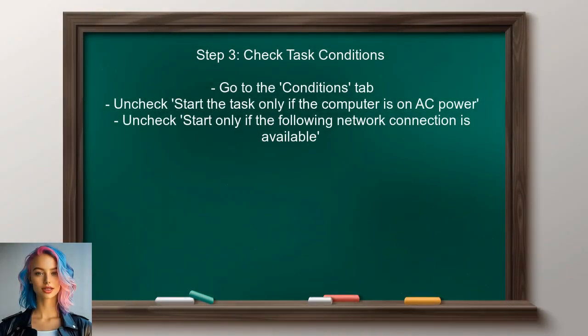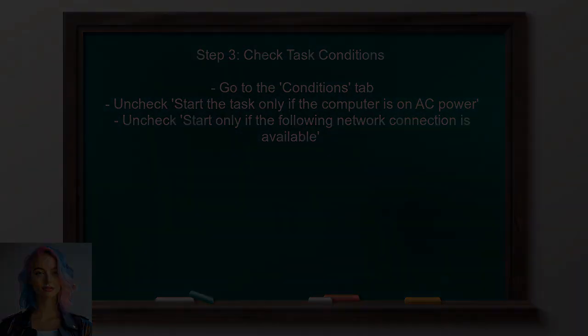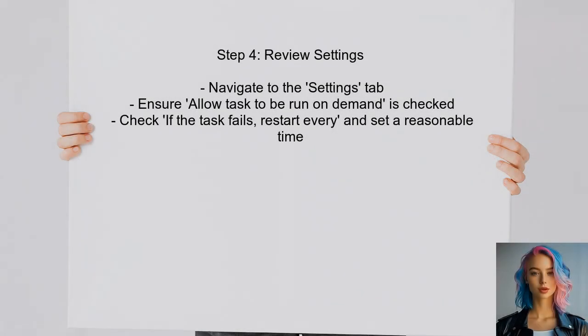Now, the user should check the conditions under which the task is set to run. It's important to ensure that the task is not set to start only under specific conditions that may not be met. Finally, the user should review the settings in the Settings tab. Here, they can adjust options that may prevent the task from running as expected.